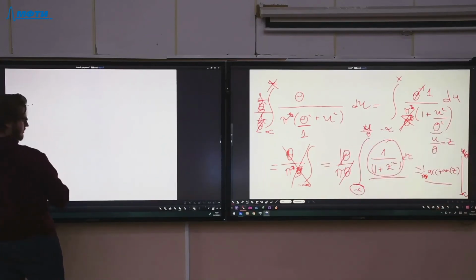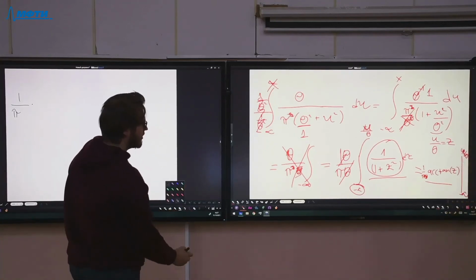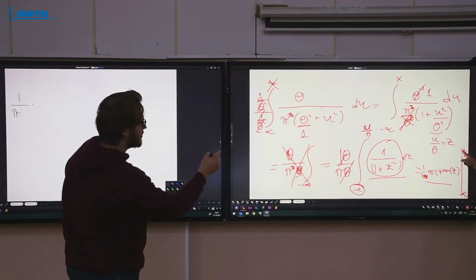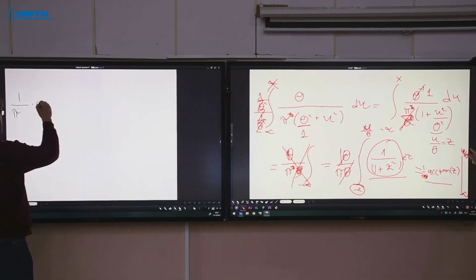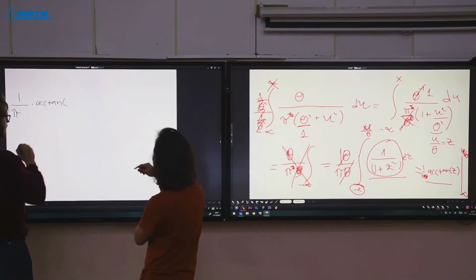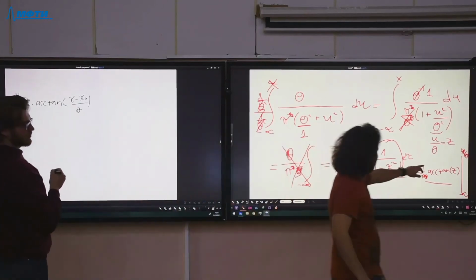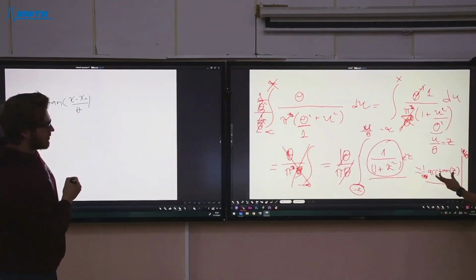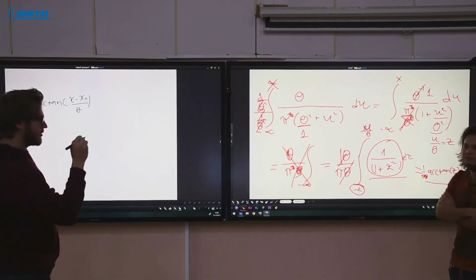Well, if I'm not mistaken, the arctan of u, and u is x minus x0 over theta. So this value minus the arctangent of minus infinity. And the arctangent of minus infinity is 0.